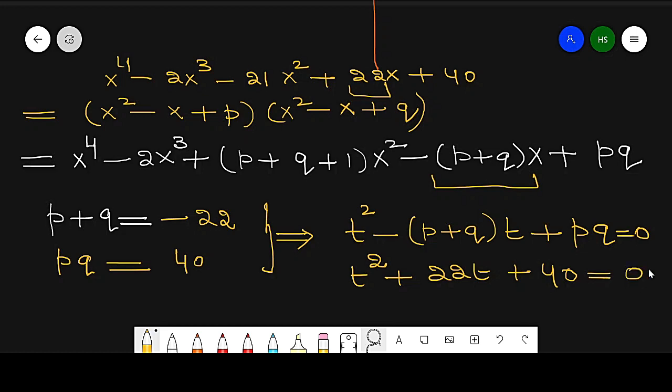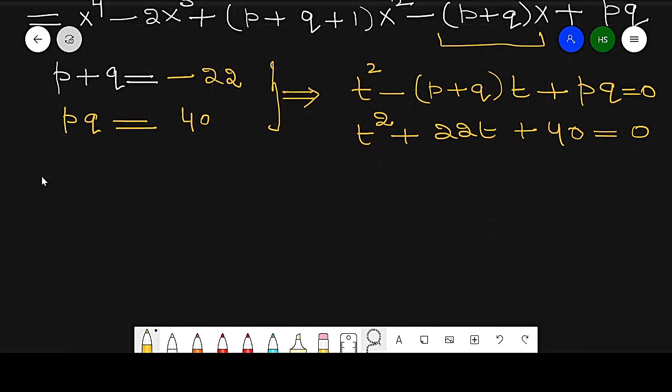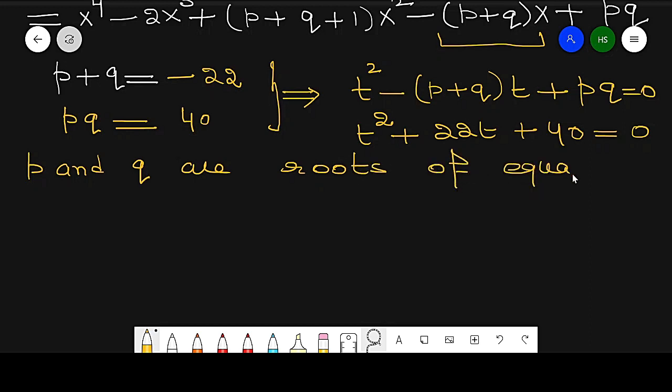Now here find the roots. So the roots, one is p and second is q, because p and q are the roots of the equation t square plus 22t plus 40 equal to 0, right?